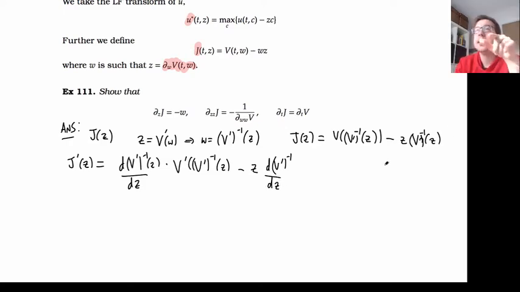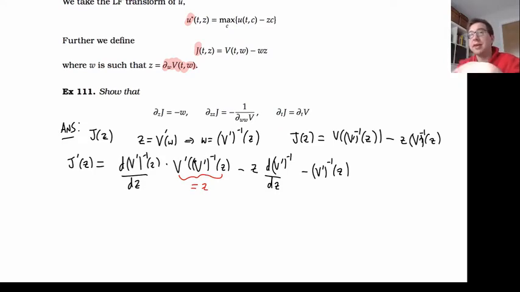Then I can differentiate with respect to z, and I'm going to get minus, and the derivative of z with respect to z is 1, so I get v dash to the minus 1 of z. Another thing to notice is that we've got the derivative of v applied to the inverse of the derivative of v, which is just going to give me the identity function. I've applied a function to its inverse, so I'm just going to get back to where I started from.